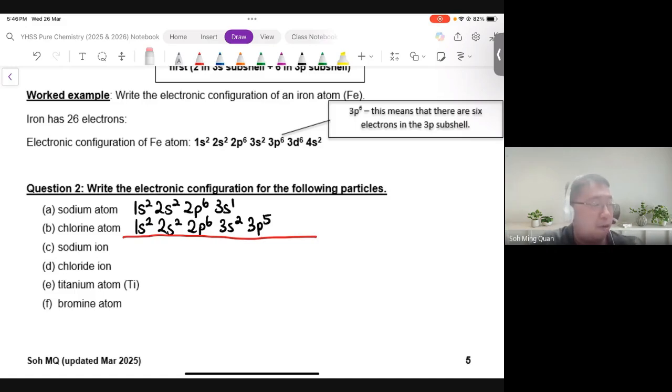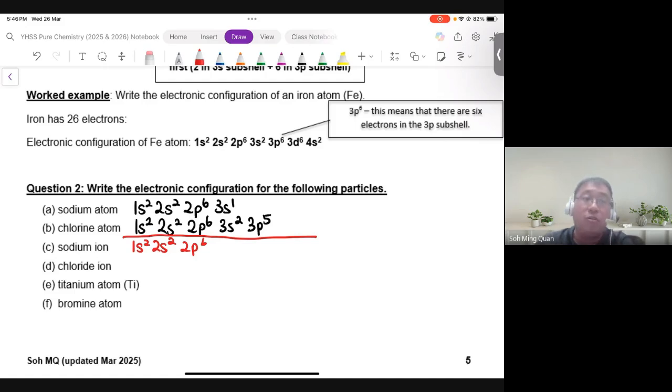Therefore, the ion formed at the end by sodium is simply left with 1s2, 2s2, 2p6, because that 1 electron in the 3s has been lost. So the sodium ion is just 1s2, 2s2, 2p6.